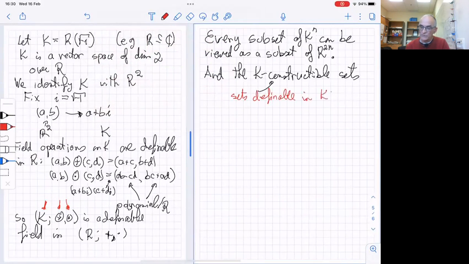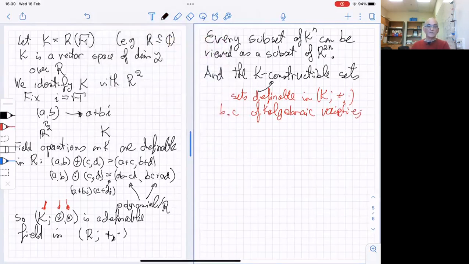So I'm using here the quantifier elimination in algebraically closed fields. So these are Boolean combinations of algebraic sets, of K-algebraic varieties. They become definable, they also are definable in the real field.